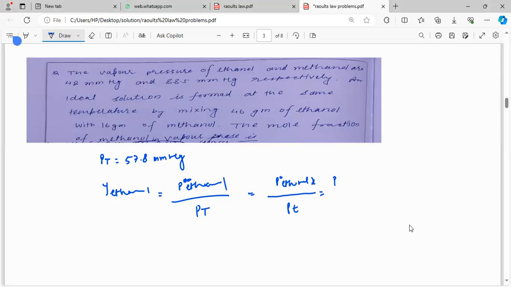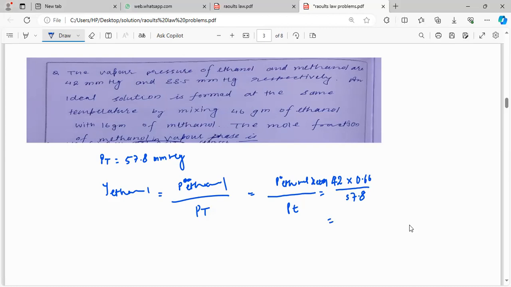This is X ethanol also, ETOH. So P not ethanol, how much is there? 42. And X ethanol, how much did you get? 0.66, divided by P total. P total 57.8.